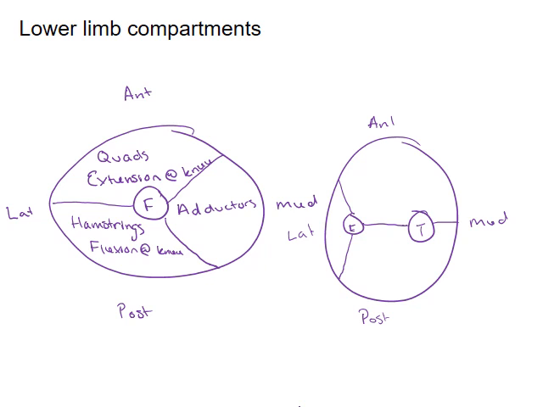Thinking about which muscles live where, remember we don't flex and extend at the ankle, instead we dorsiflex and we plantar flex. So as you're sitting there, if you point toes, that is the same thing as plantar flexion.